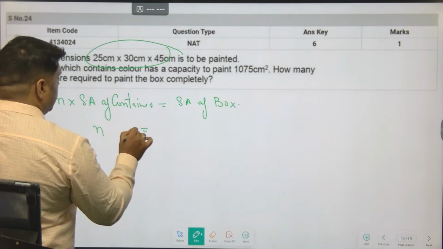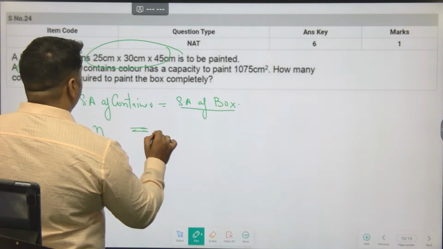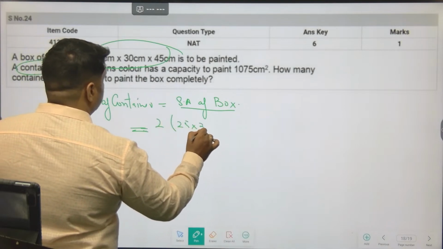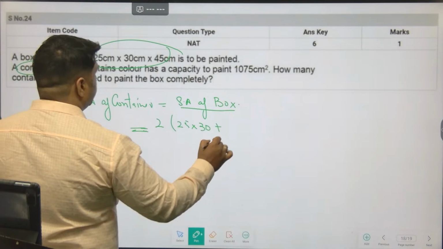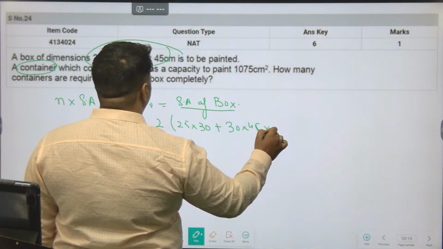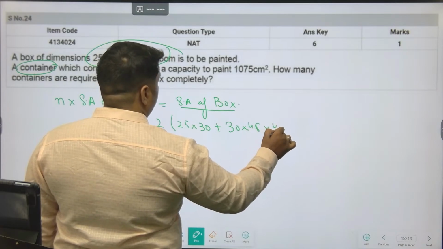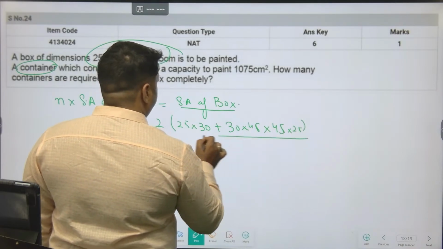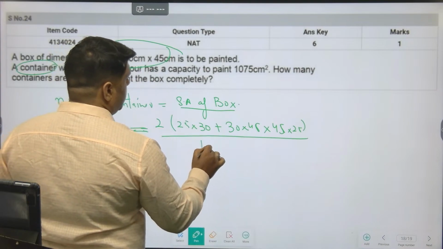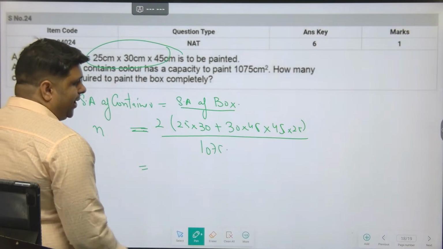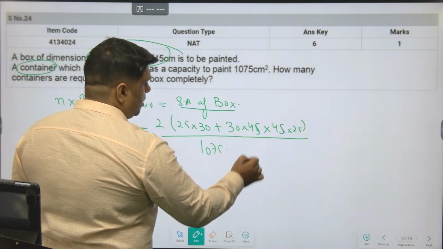So n is equal to, surface area for cuboid is equal to 2 into (25 into 30 plus 30 into 45 plus 45 into 25) divided by 1075. Now I cannot multiply this because it will take my time.